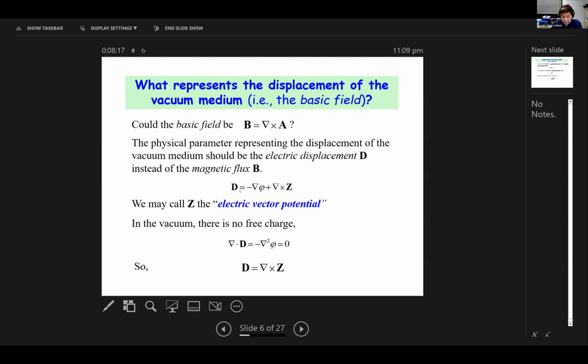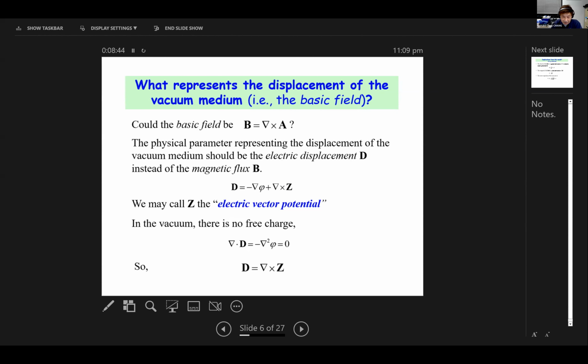Then we can use the Helmholtz decomposition, so D can be decomposed into two terms, the longitudinal term and the transverse term. Again, phi is a scalar potential and C is a vector potential, but since this represents the electric part, C is a new physical parameter introduced by me, and I call it the electric vector potential.